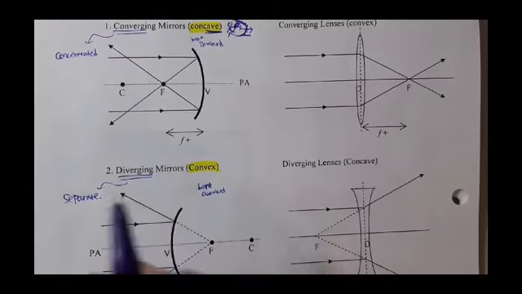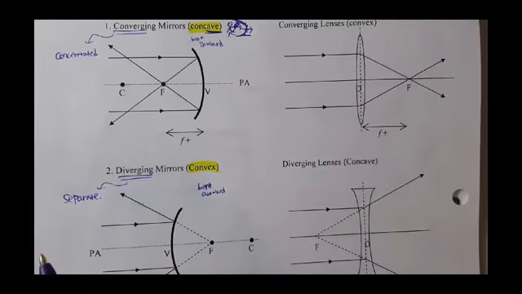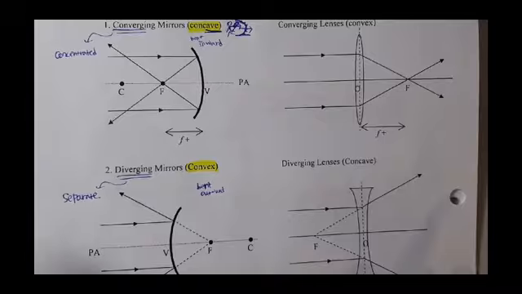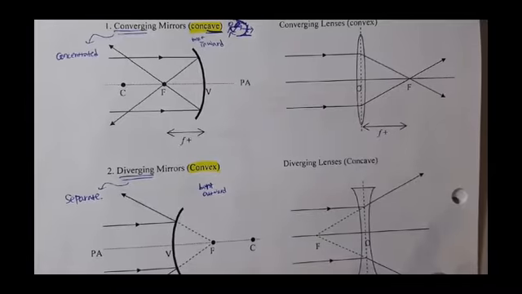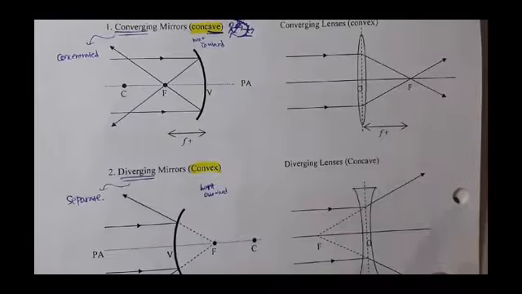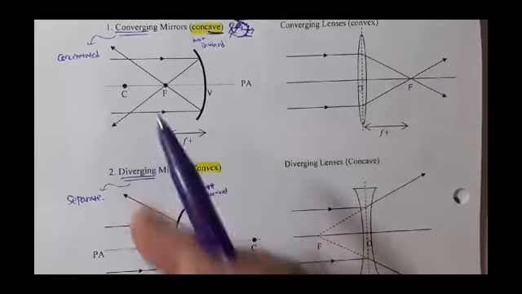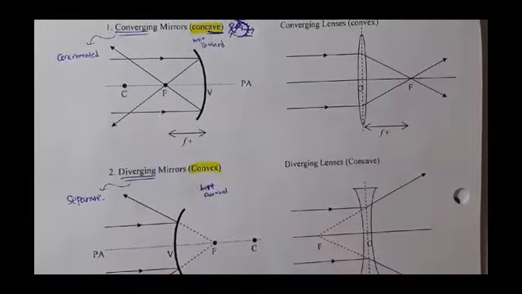Another goes through the focal point and then is reflected or refracted off. I'll tell you what the focal point is, and the values you see at F and C, but let's hold that thought a little bit.